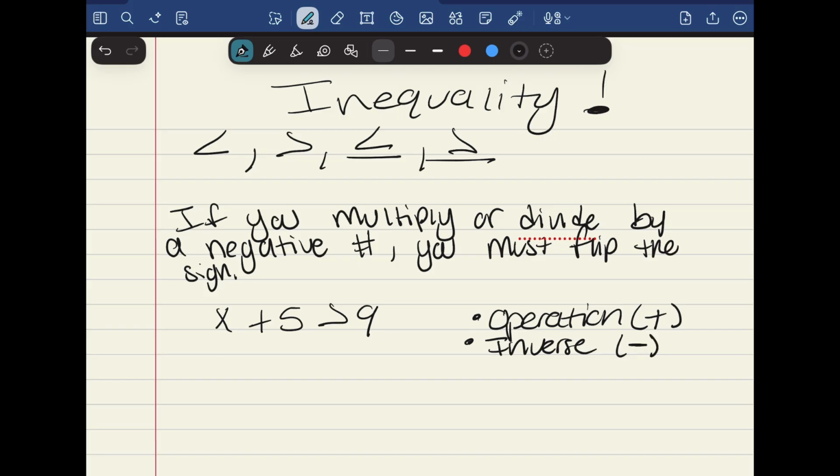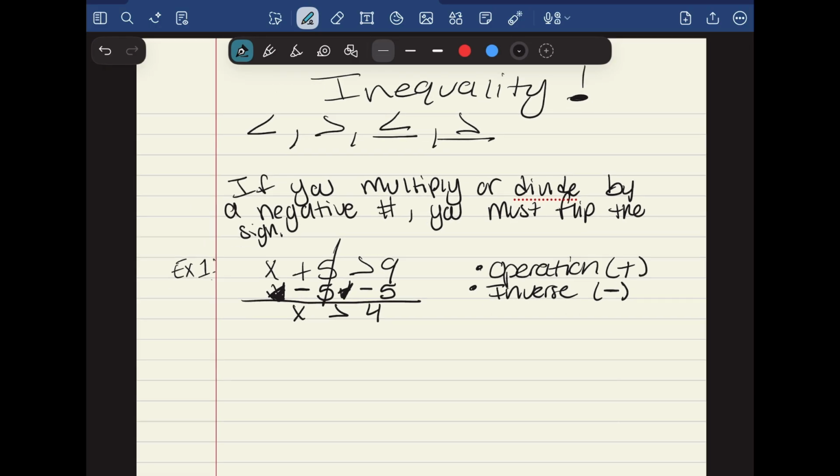Whatever I do to one side, I do where? To the other. These cross out. Bring my x down. Bring my sign down. I know my arrows look really ugly, but okay. Now, 9 minus 5, I know is 4. That's all it is. You're done. You got the answer.